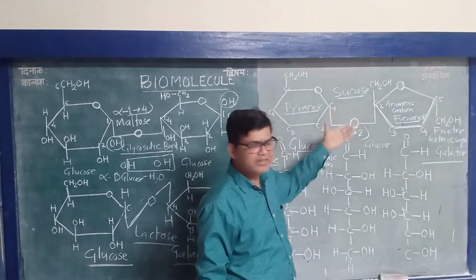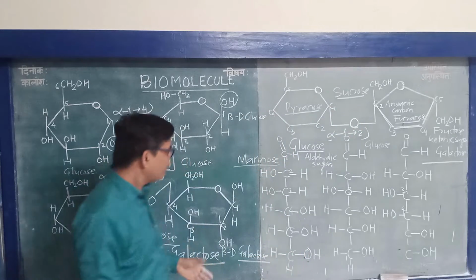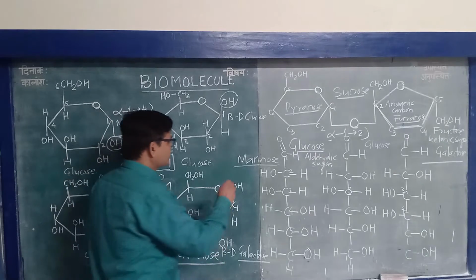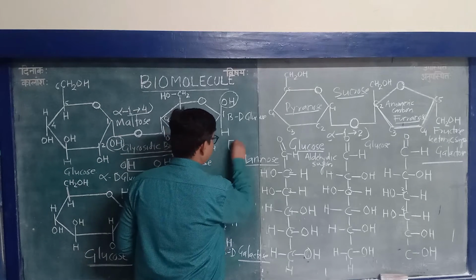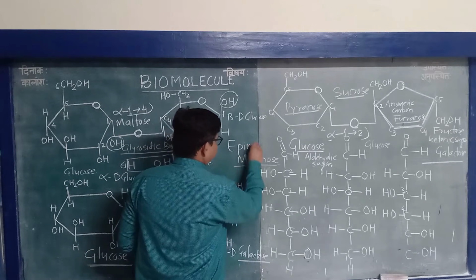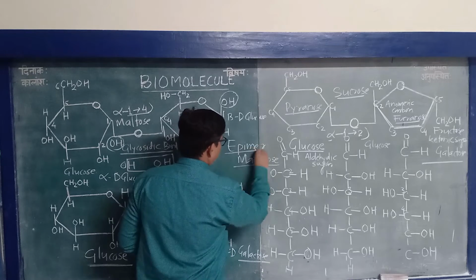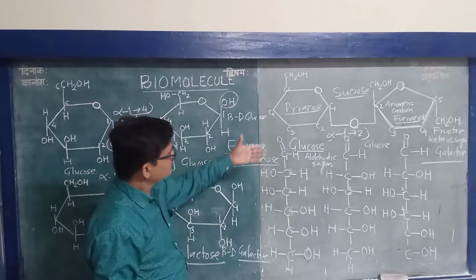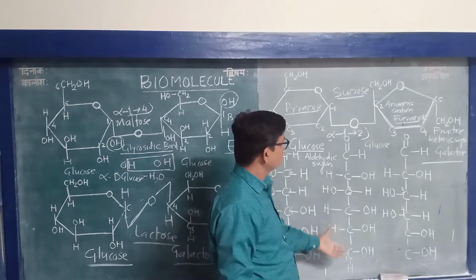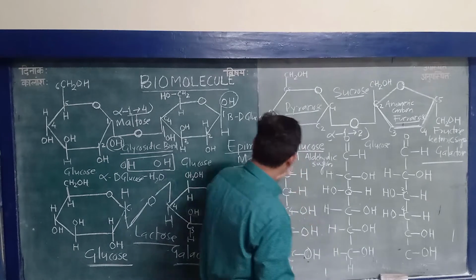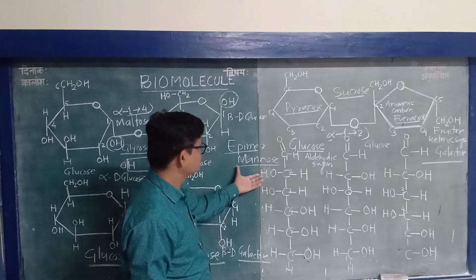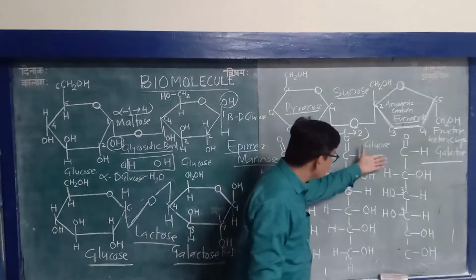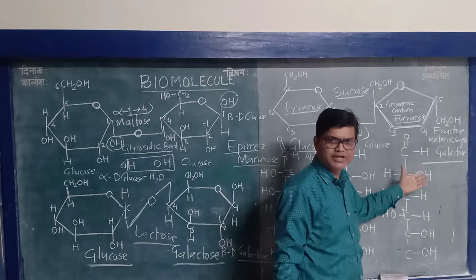Okay. Now, one word I have discussed in the previous class: epimer. What do you mean by epimer? Suppose this is the straight chain structure of glucose, this is the straight chain structure of mannose, and this is the straight chain structure of galactose.